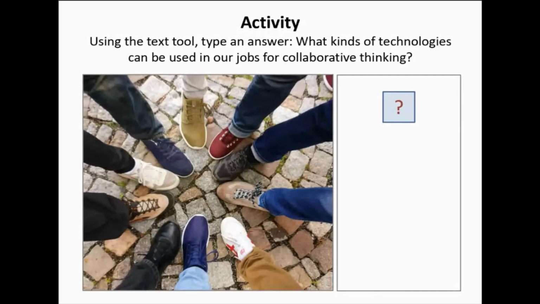So for this activity, I'd like you to go up to the left top part of your screen and select the text tool. And I'd like you to think about in the workplace, what kinds of technologies can be used in our jobs for collaborative thinking. See if you can drag that down and type that in there.